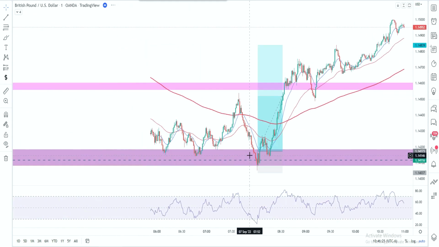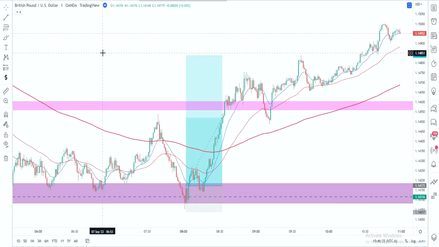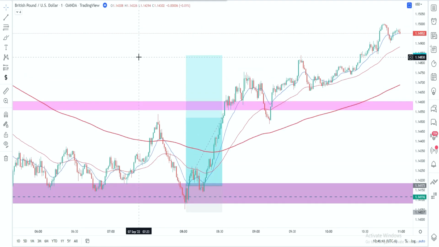This could be a huge one. And look how this comes all the way to the back of the weekly key area right here. Bearish rundown, really nice engulfing candlestick, and the rest is history. Let's see if that may not have been the only entry. In this case, it does look like it was the only entry.